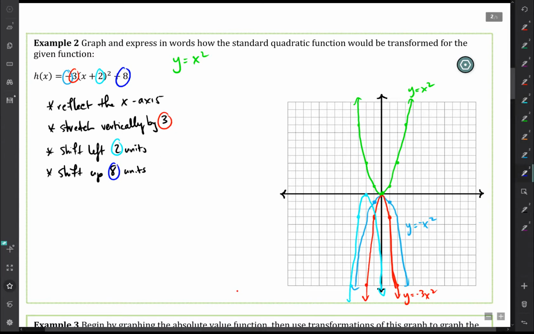So 1, 2, 3, 4, 5, 6, 7, 8. So if I've drawn everything correctly, the final graph should be this blue graph.